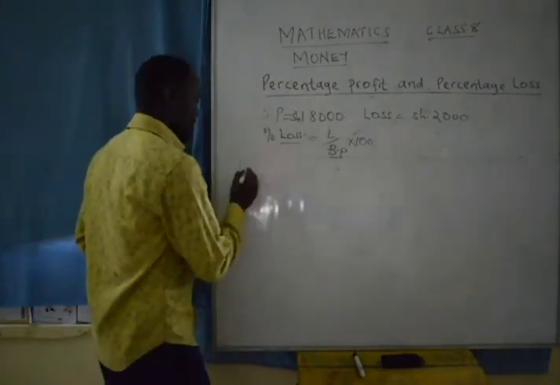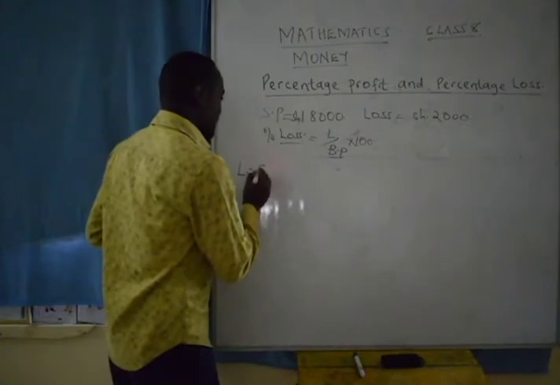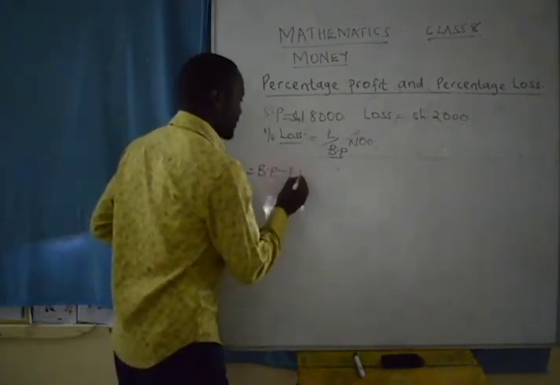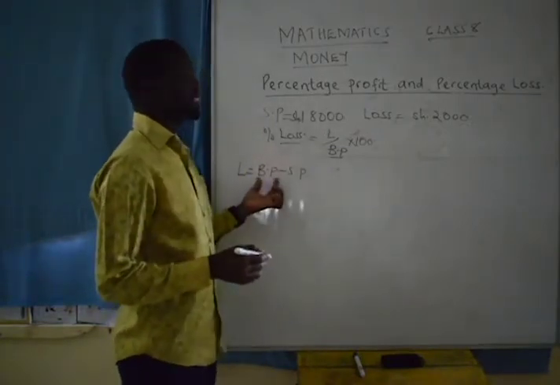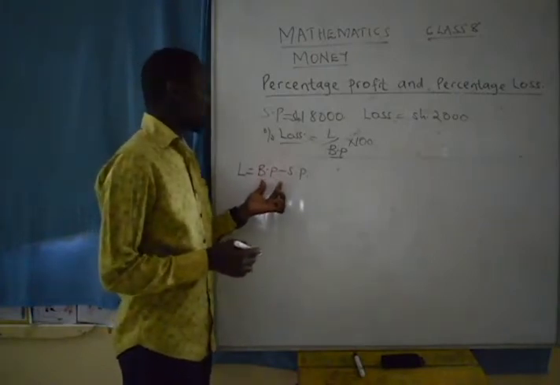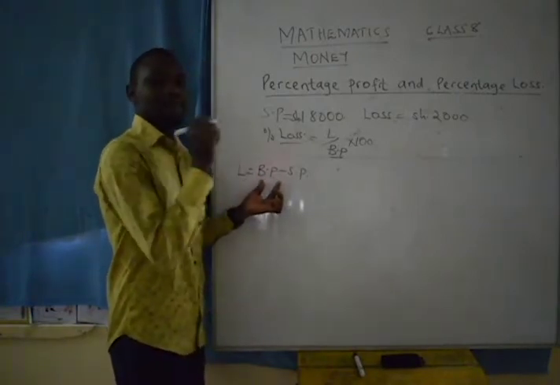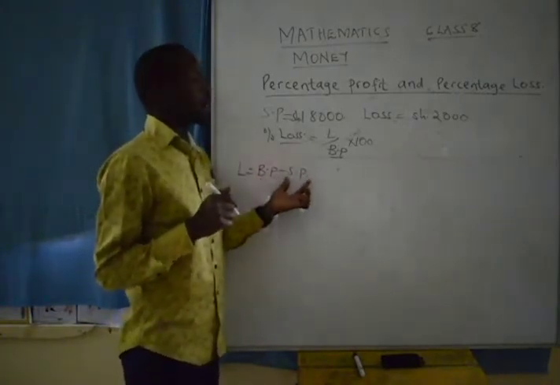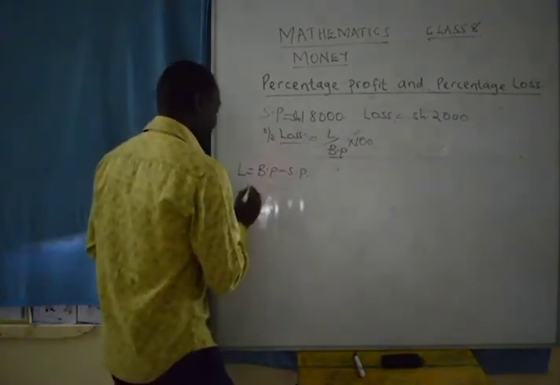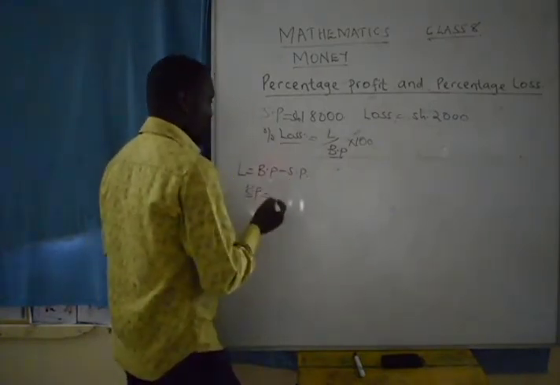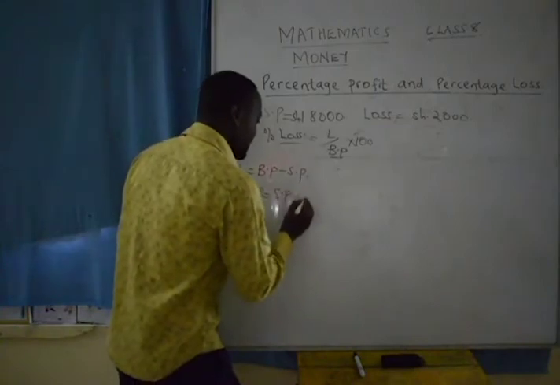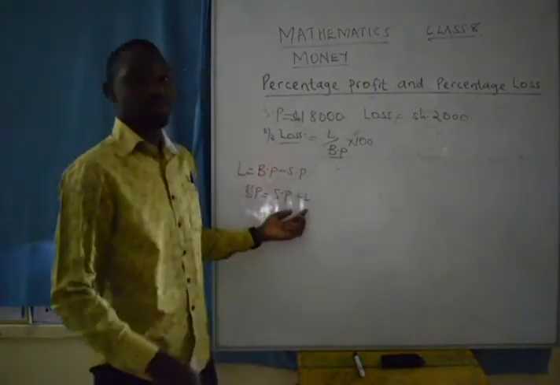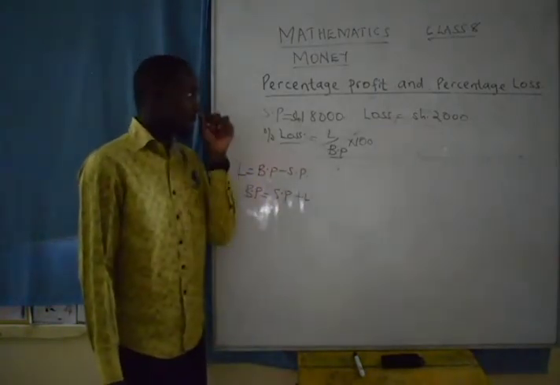Remember, when calculating loss, the buying price is higher than the selling price. So the buying price will be given by the selling price plus the loss.